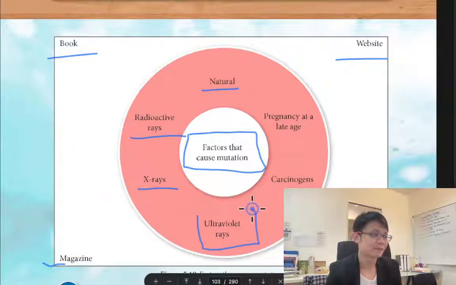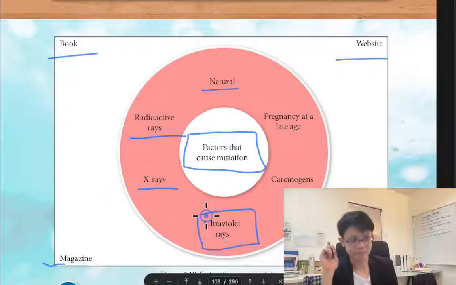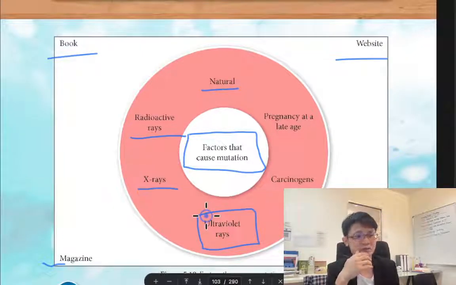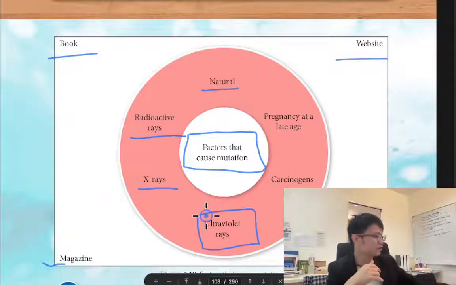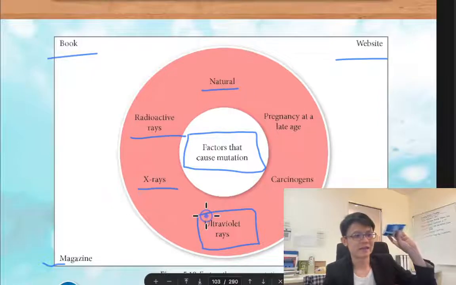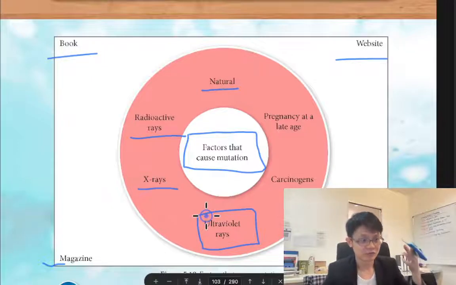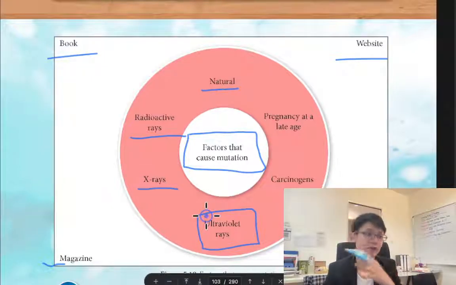Ultraviolet light is the sunlight. Sunlight is not healthy, so it will cause mutation. Like if I take a tissue and put outside in the rain and sunlight, this tissue will decompose faster than if I put it in a box.